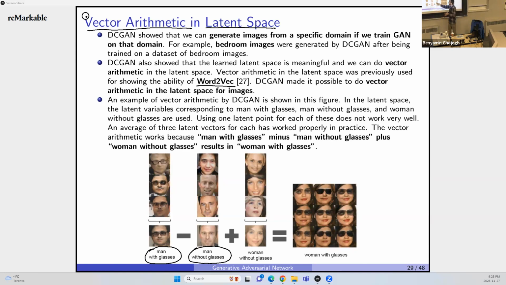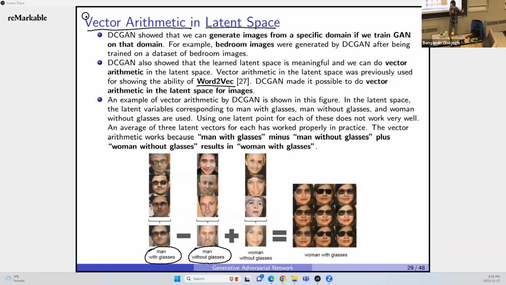I search in the latent space to see where it is a man without glasses. By the way, I have trained the GAN with all of the male and female facial images with and without glasses. So my latent space is kind of related to facial images of different genders and having and not having eyeglasses. Somewhere it is a man with glasses, somewhere a man without glasses.